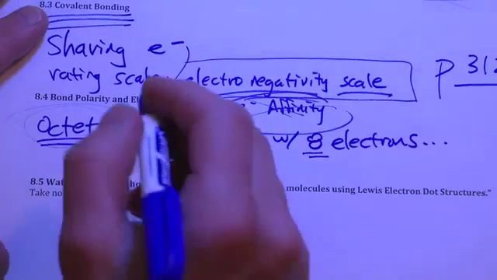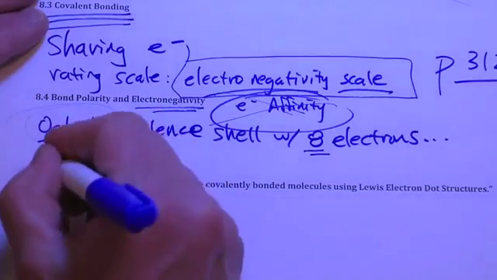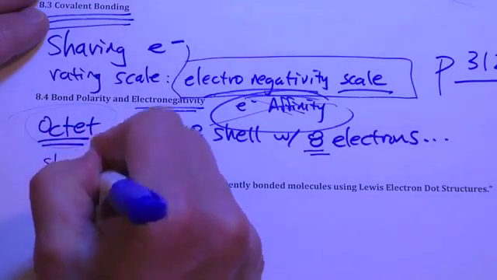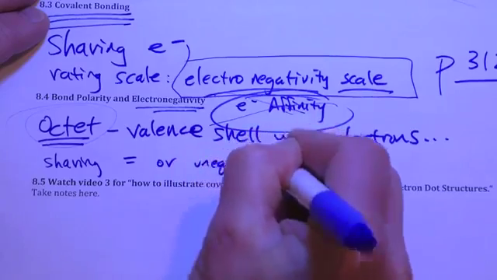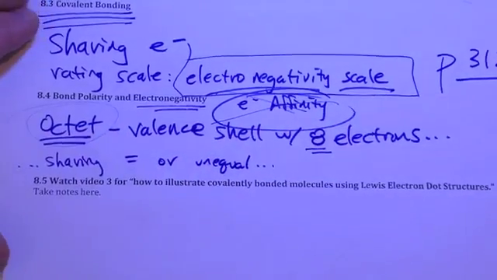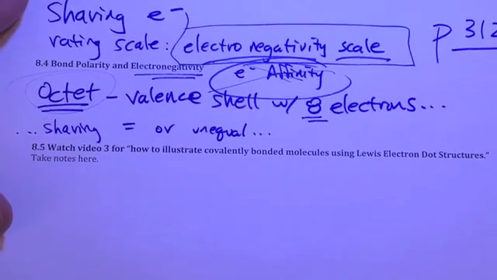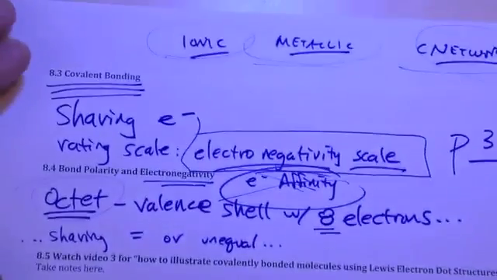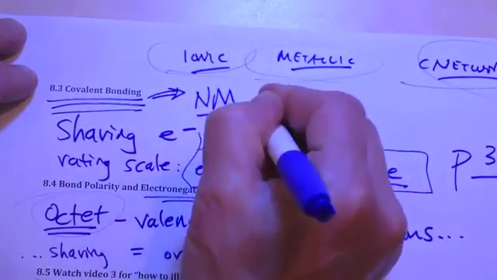Now, depending on the electronegativity rating of the 2 or more things that are coming together, there is a sharing that is equal or unequal, depending on how well the electrons are shared between the 2 nonmetals. Covalent bonding, if I didn't say this before, only occurs between nonmetals.